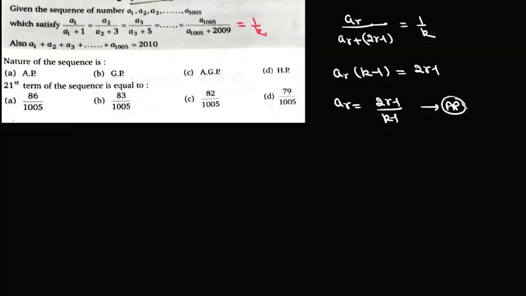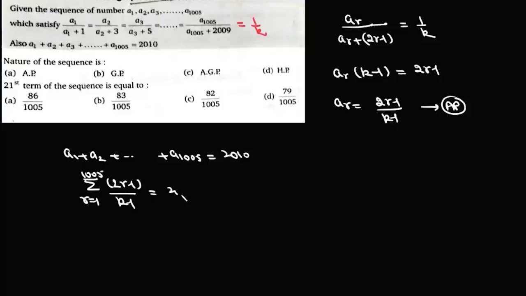Now if we look at this sum, which is A1 plus A2 plus up to A1005, and this is 2010. So it is summation 2R minus 1, where R varies from 1 to 1005, upon k minus 1, and this is equal to 2010.